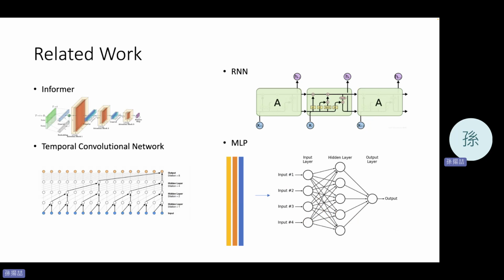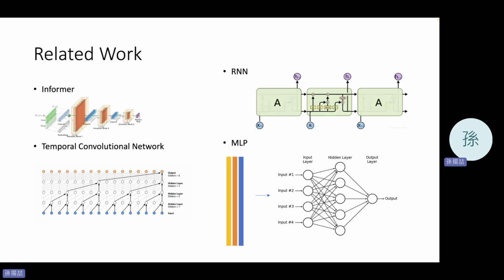In related work in time series analysis, there are transformers, as we can see from the success in the MLP field, convolutional neural networks, and recurrent neural networks, which were originally designed for time series analysis.